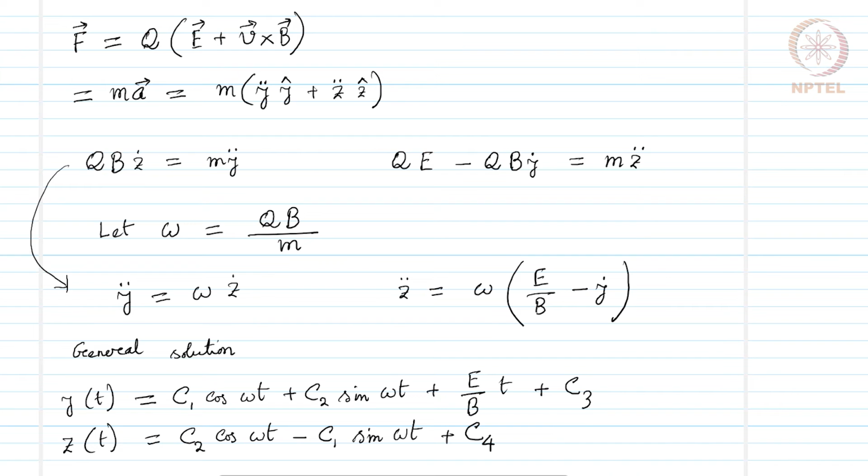With these two equations, using the initial condition, initially what we had: the particle at rest at the origin. So, the initial condition can be written down as y dot at t equals 0 is 0, there is no velocity along any direction.